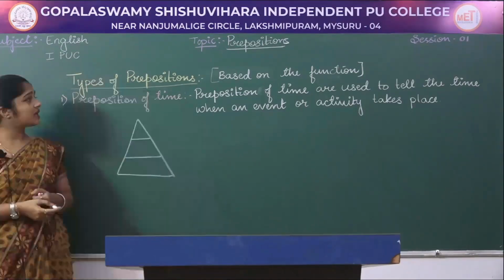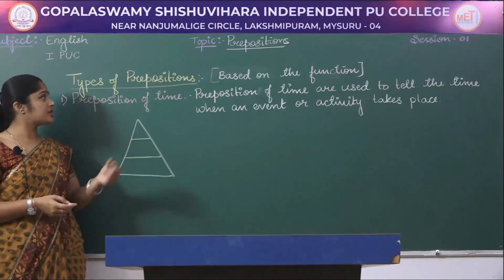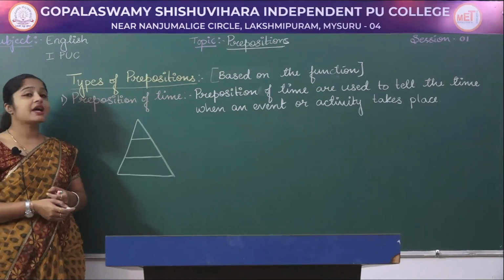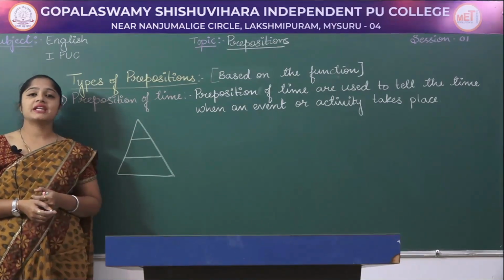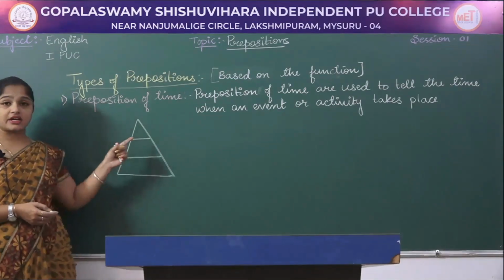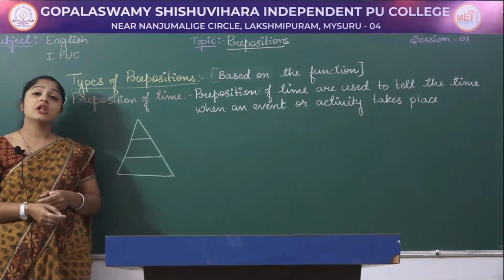There are three main important prepositions that come under the preposition of time. They are at, on and in. In order to understand better, I have drawn this diagram so it will be easy for us to learn.